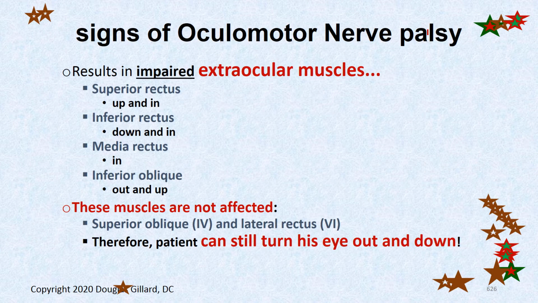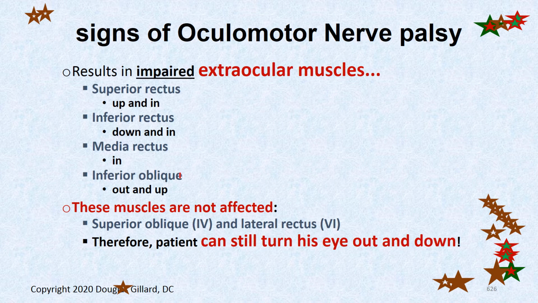Well, if the oculomotor nerve is damaged and not working, it's going to impair the things that it controls. And the oculomotor nerve is very busy, right? It controls many of the extraocular muscles that we saw in gross 2 anatomy. So who's knocked out? Superior rectus is knocked out. Inferior rectus, medial rectus, inferior oblique.